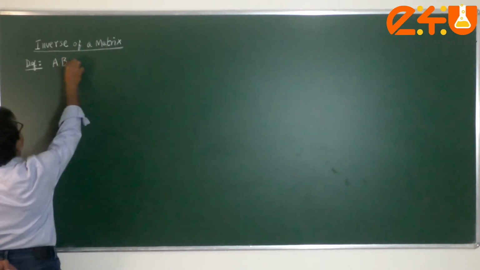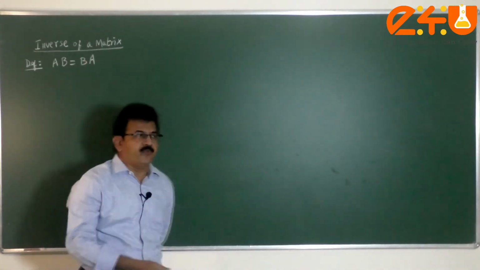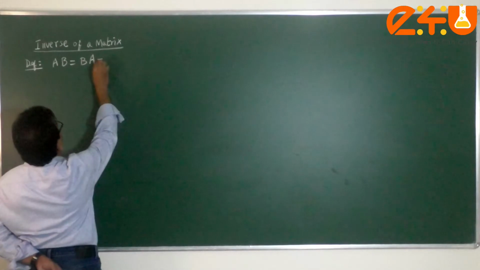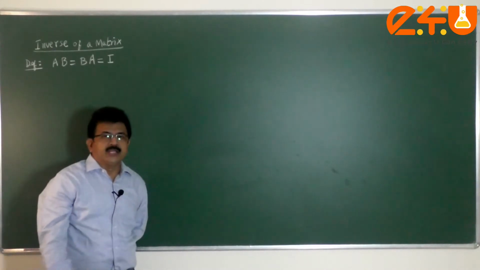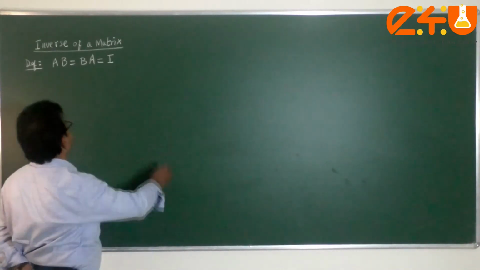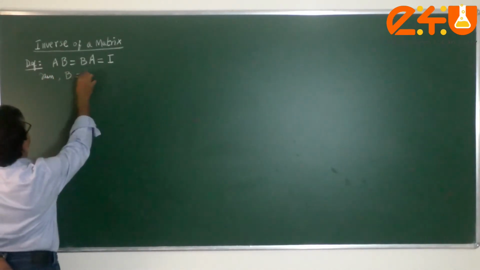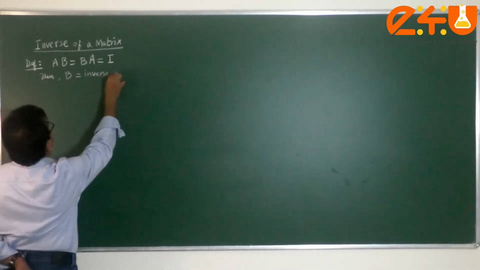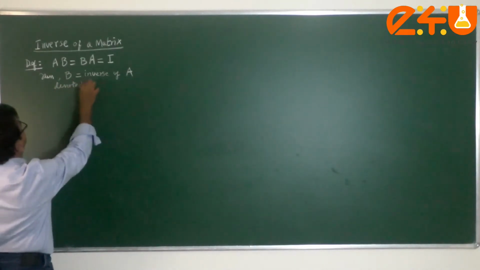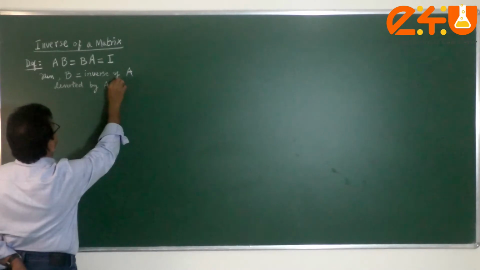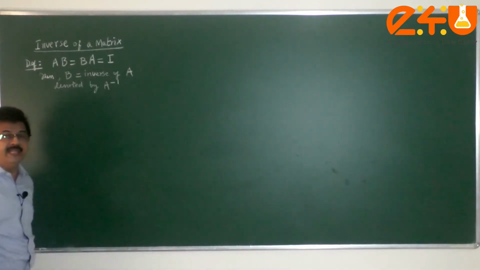If there exists a matrix B for the matrix A in such a way that AB commutes and becomes BA, and the product as such becomes identity matrix, then the matrix B is called the inverse of the matrix A, and it is denoted by the letter A inverse. It is read as A inverse.